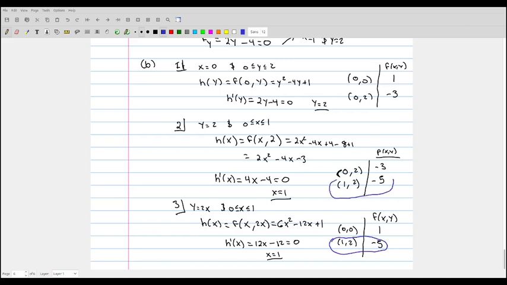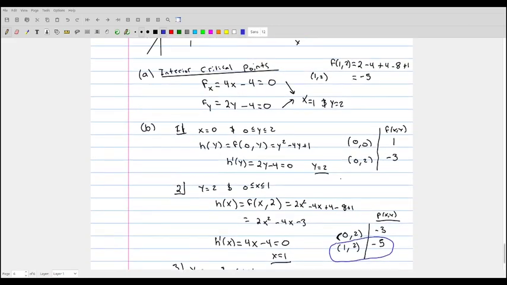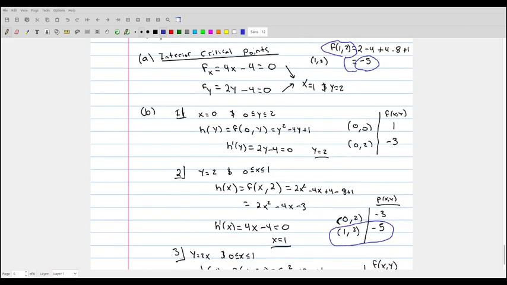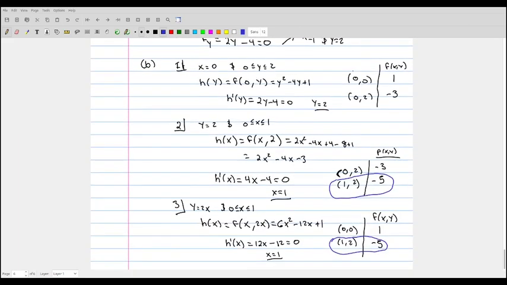The function is negative 5 at 1, 2. And the largest value of the function is the value of the function at 0, 0. I'll circle that in red.